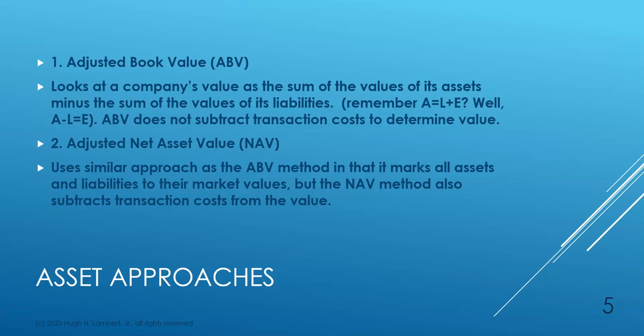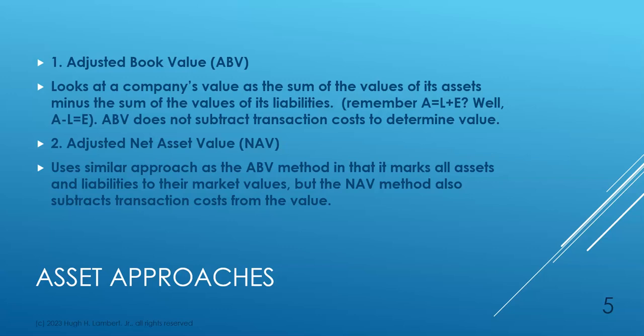Cash, there's no markup. Cash is what it is. Accounts receivable, you have to make sure that they're fully collectible, but if a certain percentage of accounts receivable may not be collectible, you should write accounts receivable down to its market value. What do you think you can actually collect? Same thing with inventory. You mark that to what you think the value of that inventory is.